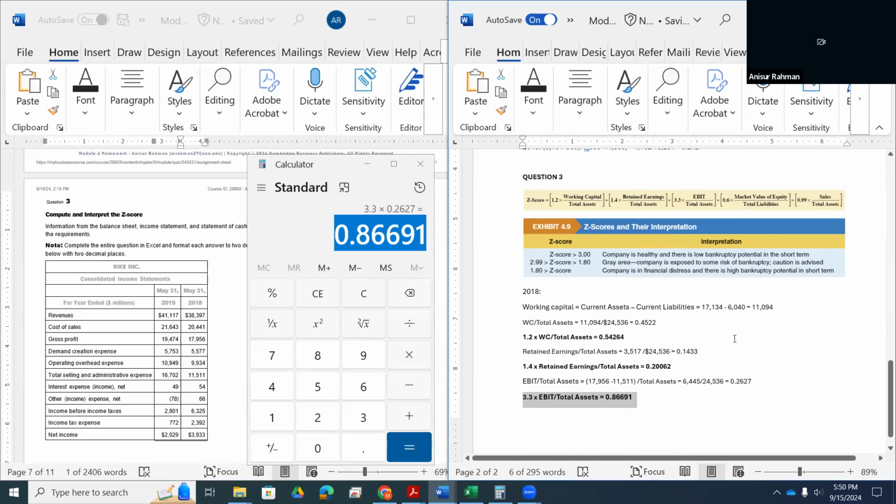Now, the fourth one is market value of equity divided by total assets.